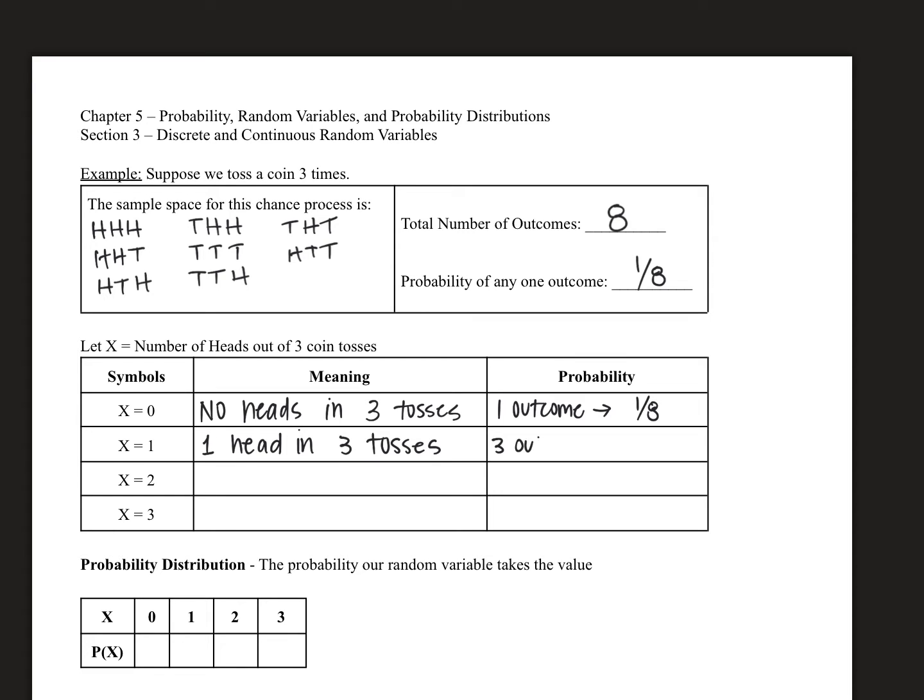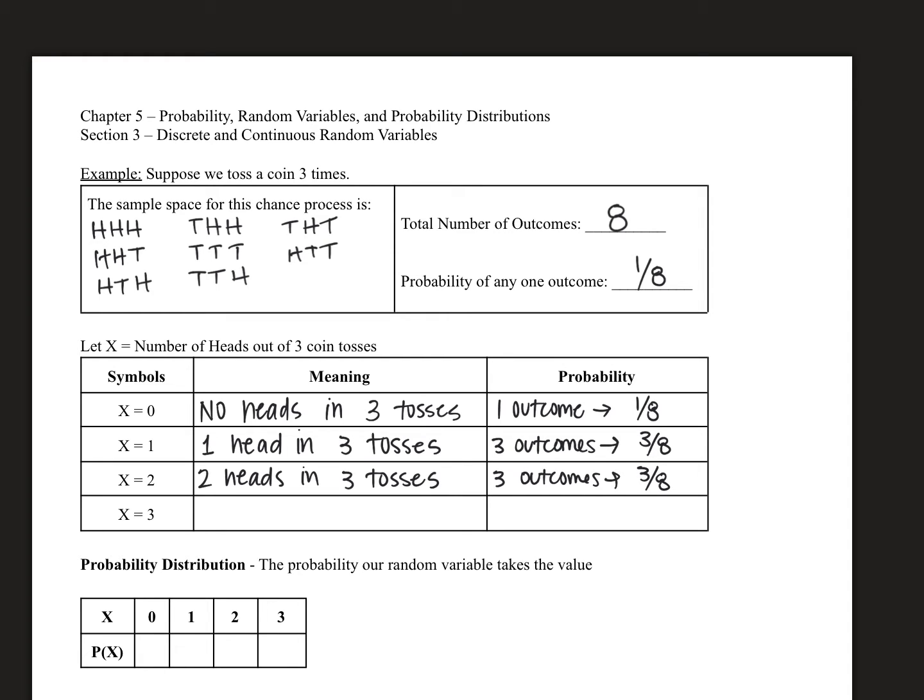So there's 3 outcomes, which means 3/8. X equals 2, 2 heads in 3 tosses, which happens 3 times, which means there's also a probability of 3/8.